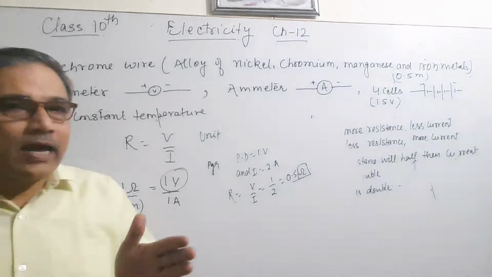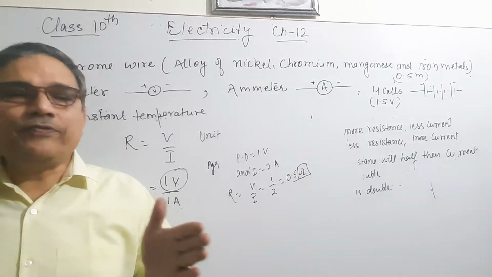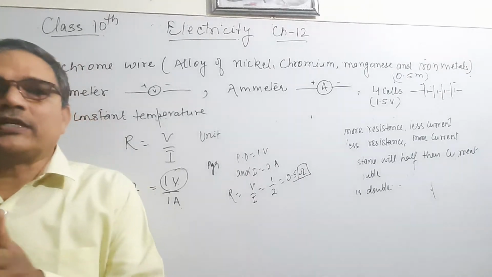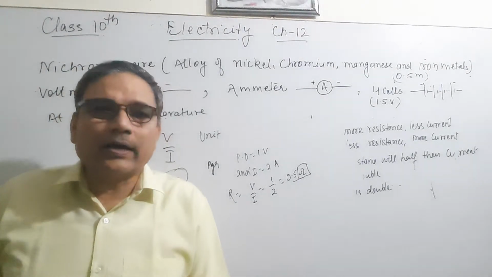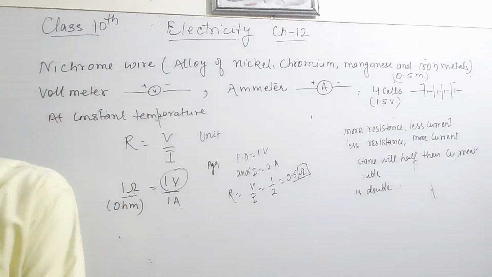A conductor having negligible resistance is a good conductor. If the conductor has appreciable resistance, it is known as a resistor, and a poor conductor has high resistance.